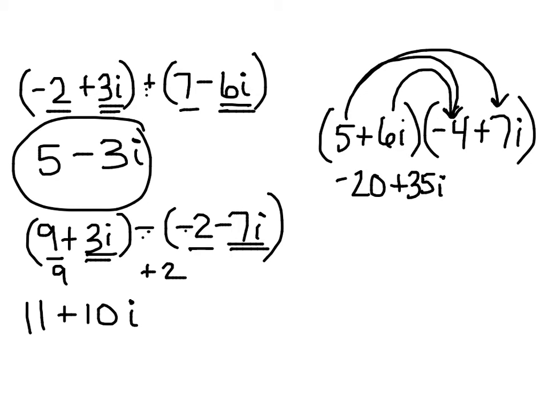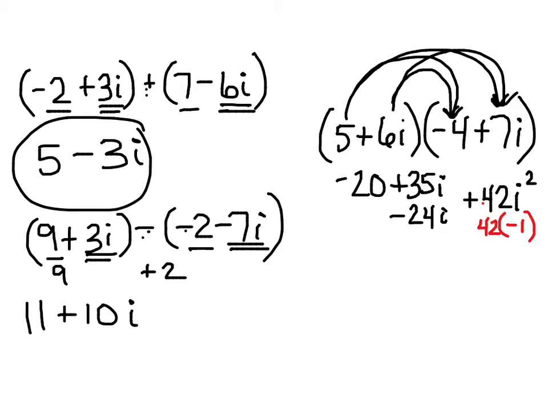What's 6i times negative 4? And what's 6i times 7i? Does anybody recall what i squared is equal to? Negative 1. So that ends up being 42 times negative 1. What's 42 times negative 1?